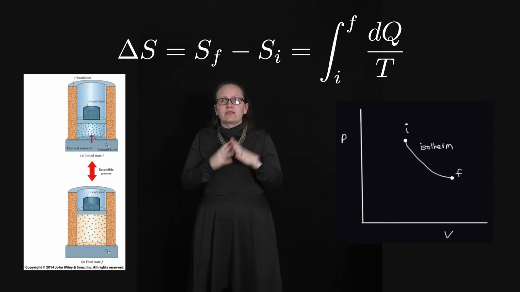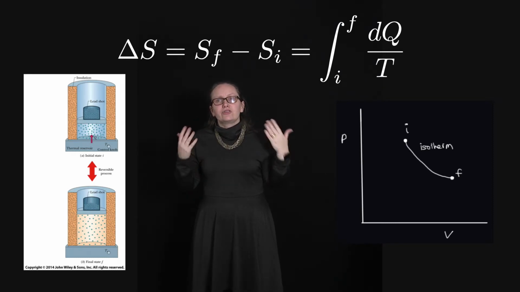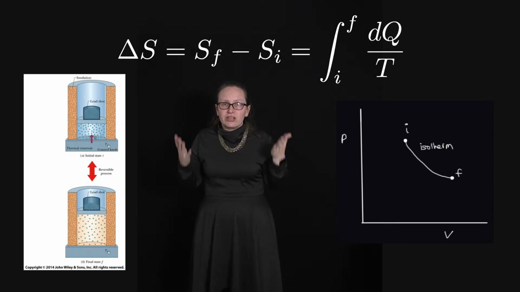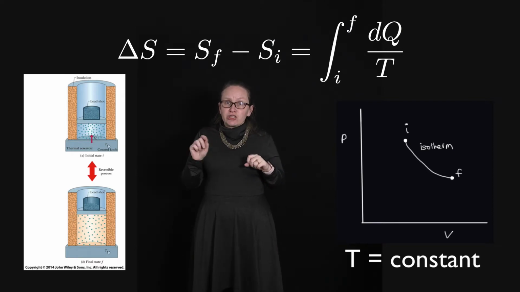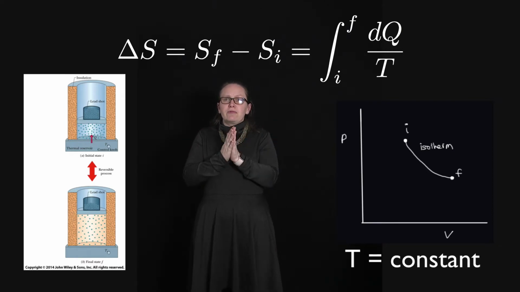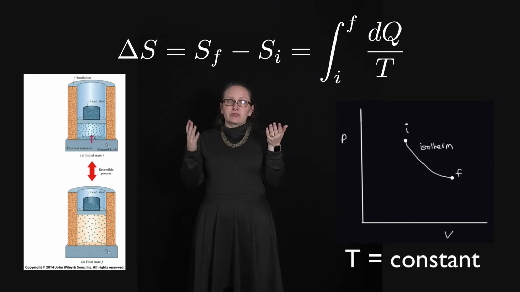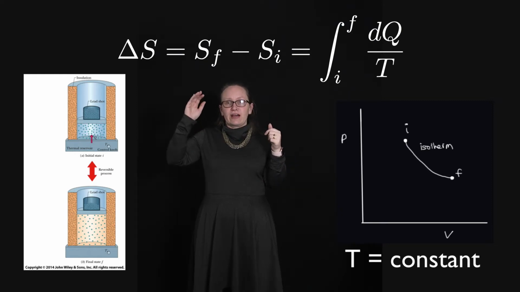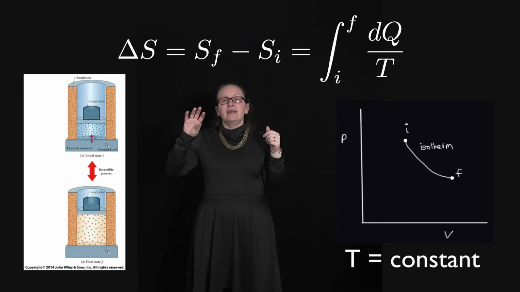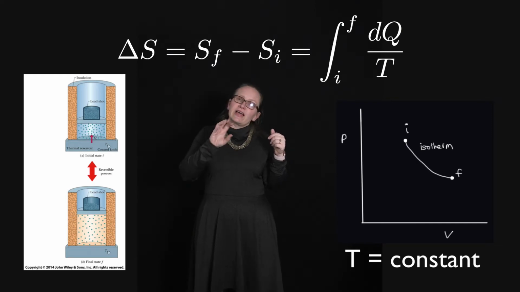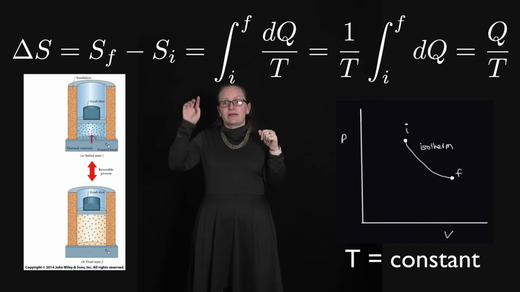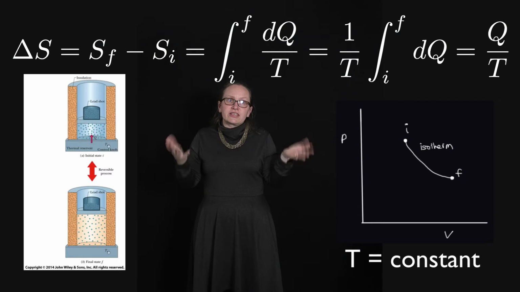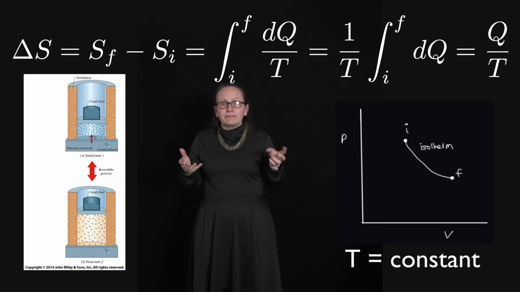And now we can fairly easily do the calculation of the change in entropy. Because this is isothermal, the temperature's not changing. So the change in entropy is equal to the integral from the initial to the final state of dQ on T. T's constant, so we pull it out the front. So the change in entropy is equal to 1 over T times the integral of dQ, and the integral of dQ is just the amount of heat that we've added.